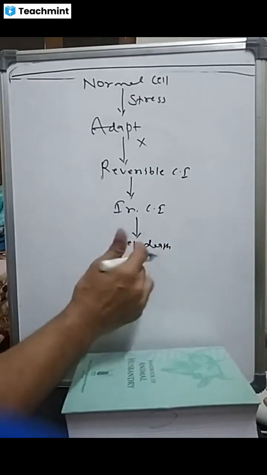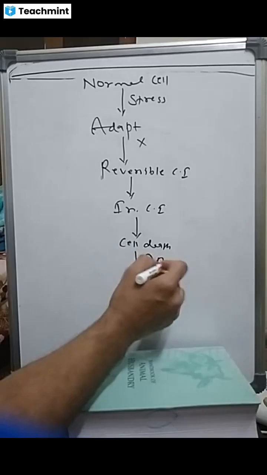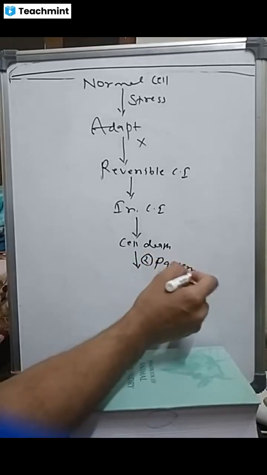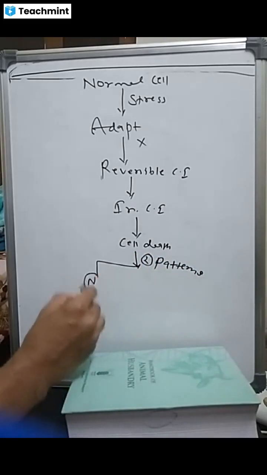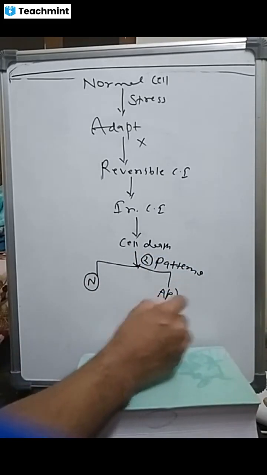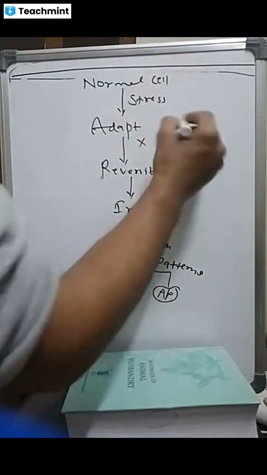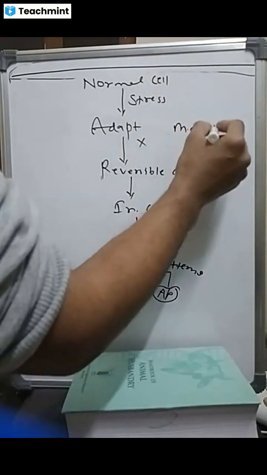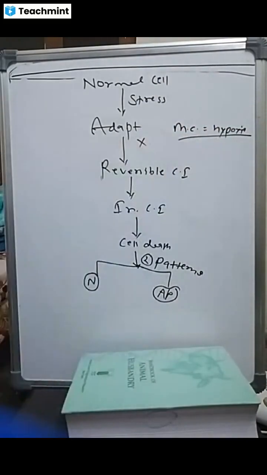This cell death has two morphological patterns. One is necrosis and one is apoptosis. And the most common cause is hypoxia.